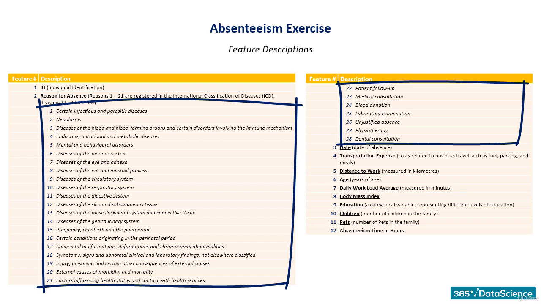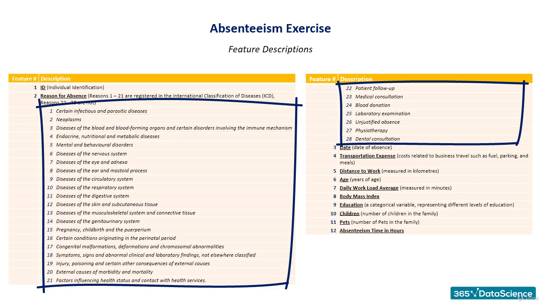In our example, this translates into reading 1, 2, 3, and so on, and then referring to a legend to connect each number with the corresponding disease, instead of reading long strings such as infectious and parasitic diseases, neoplasms, diseases of the blood and blood-forming organs, and certain disorders involving the immune mechanism, and so on. The latter would overload this column with letters, and it would be very hard to digest this data analytically.